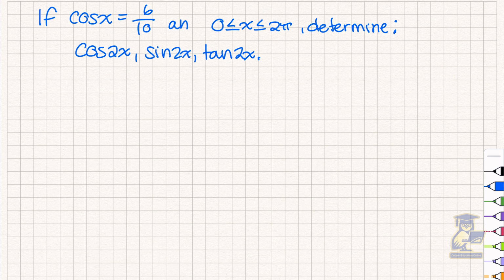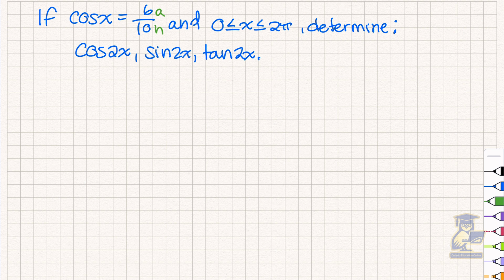Now for this one, we're given cosine of x is equal to 6 over 10. And the interval is between 0 and 2 pi. We're going to determine all 3 double angles. So we're going to determine cos 2x, sine 2x, and tan of 2x. So the first thing we're going to do here, we have cosine. So this is the adjacent and the hypotenuse.